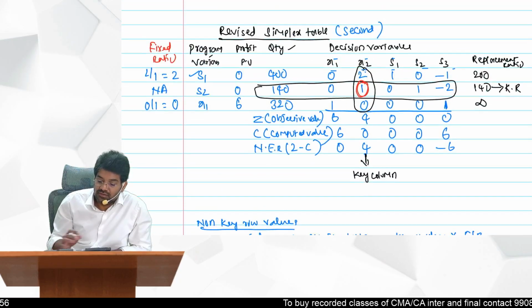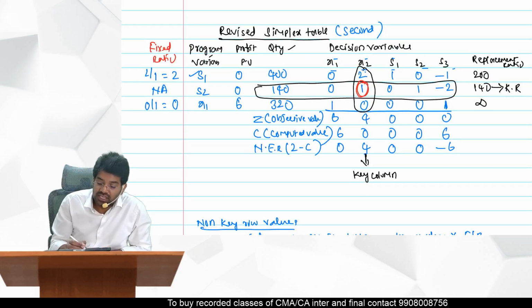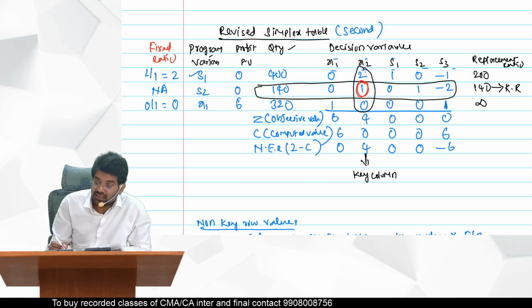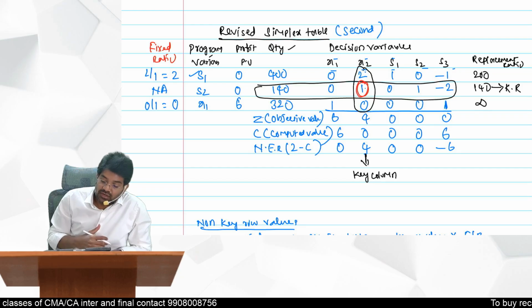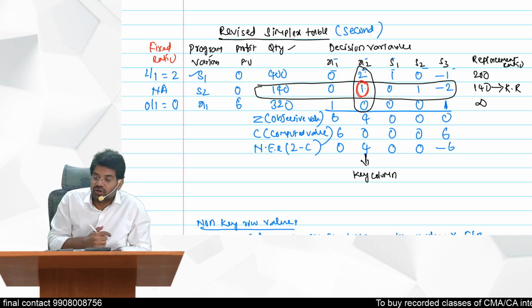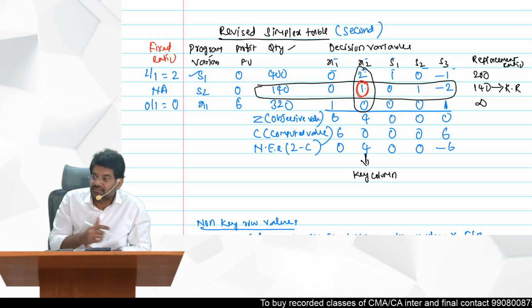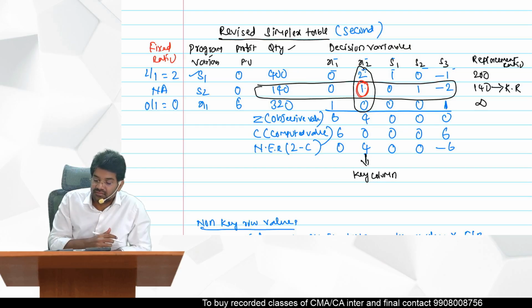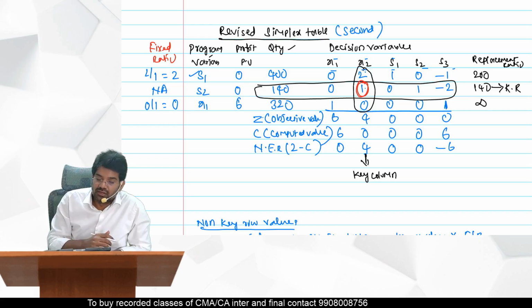Now the S2 key row will undergo a change. The pivot element should become 1 only, and the other two should become 0. Now we should change the values. Which rule should you follow to transform the key row?